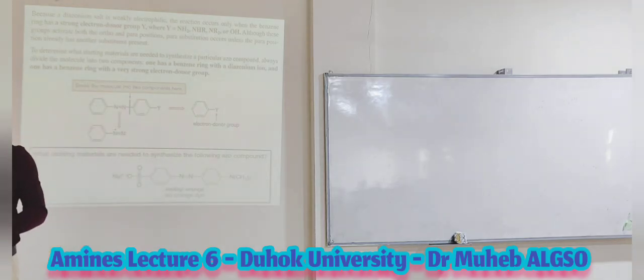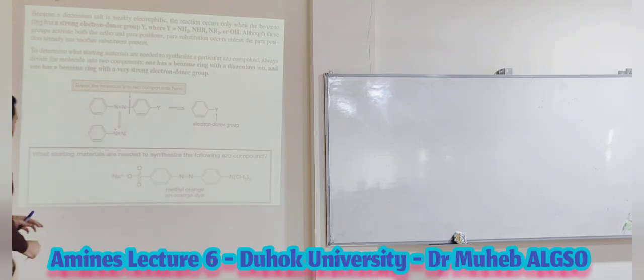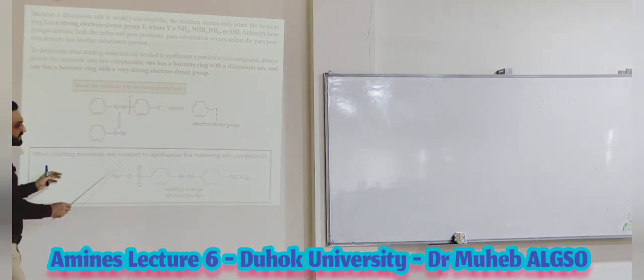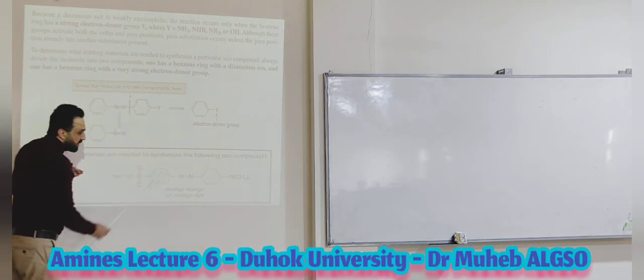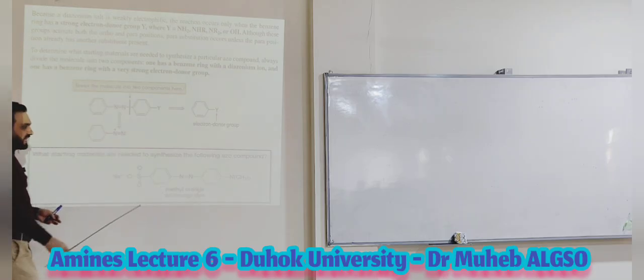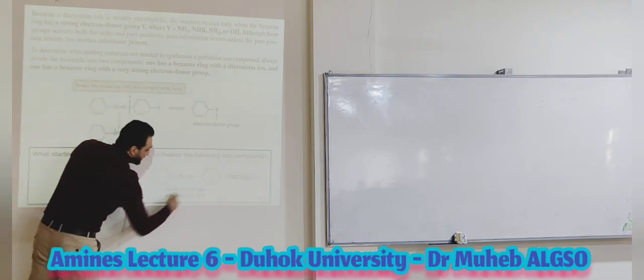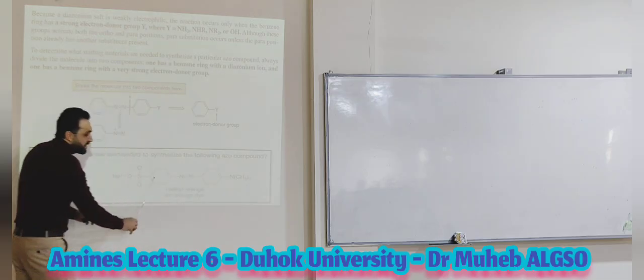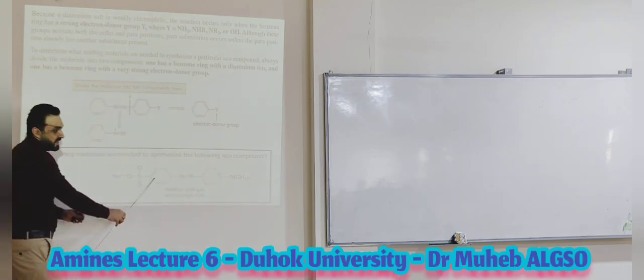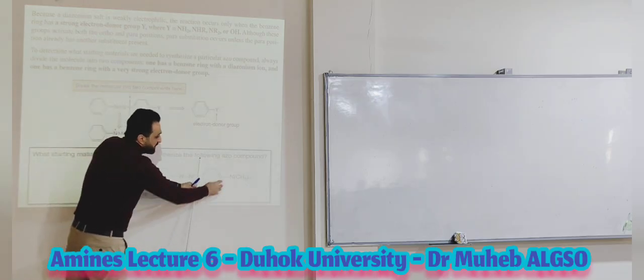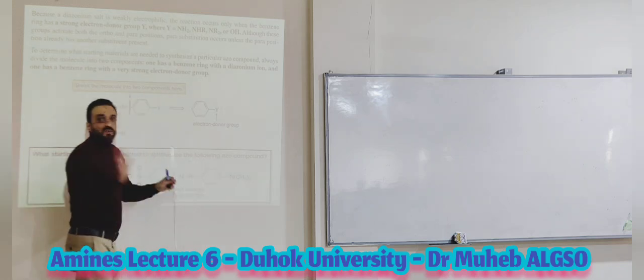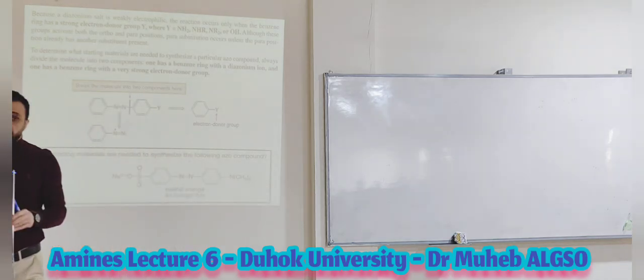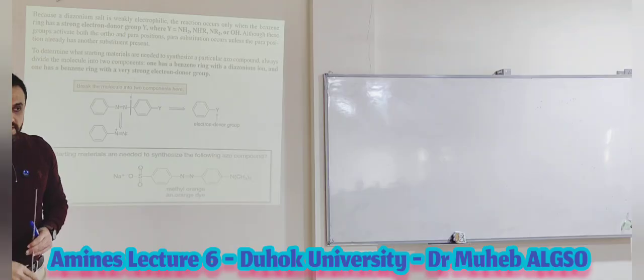Okay? Is it clear? So what is the starting material? I needed to synthesize the following compound, this compound. For any starting material, where do I have to cut? From here. Why? Because the diazonium ion will be with the deactivated benzene ring, and the other group will be the activated benzene ring, and the coupling will happen with high percentage.